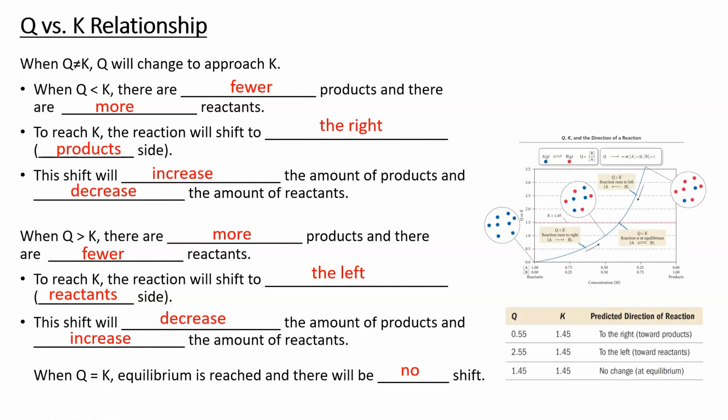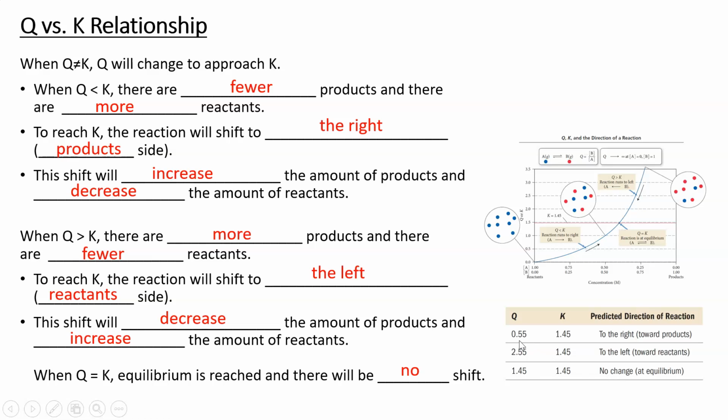We've got just kind of a diagram here, a graph for you to consider. When Q is too low, the reaction will proceed to the right until we reach equilibrium. If Q is greater than K, then we have too many products. It's going to shift in the reverse direction until we reach equilibrium.